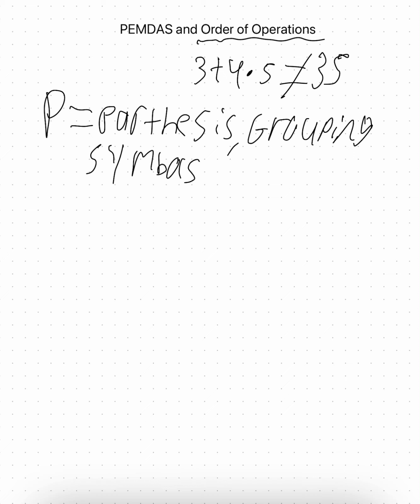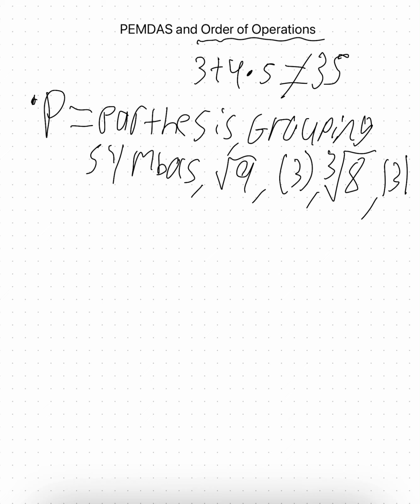This is your square roots, your just parentheses. It can be cube roots, which you probably haven't seen yet, or it can be your absolute value. You probably haven't seen that yet either. You will see that later.